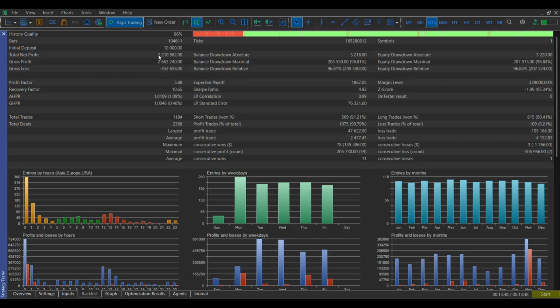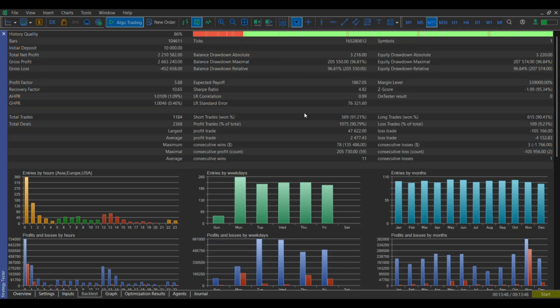This is a 6-digit number for the loss and it is a 7-digit number for the profit. The balance drawdown was only 205K USD and the equity drawdown was 207K USD only, which is comparatively too low for this much profit.